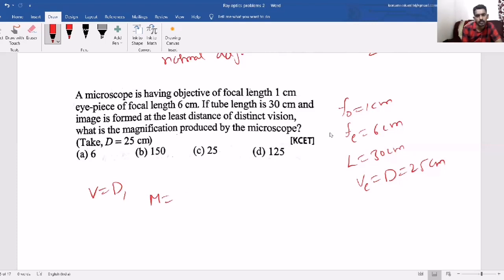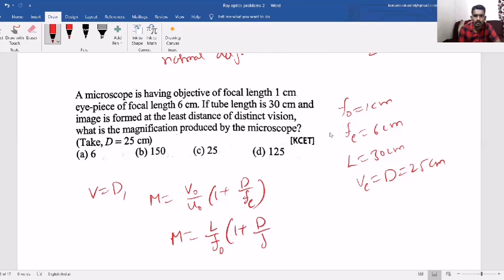The magnification formula is actually V naught by U naught into 1 plus D by Fe. This is the formula for the magnification of a compound microscope. But in terms of length, when they have given it, an approximate formula is L by F naught into 1 plus D by Fe. Remember this also.